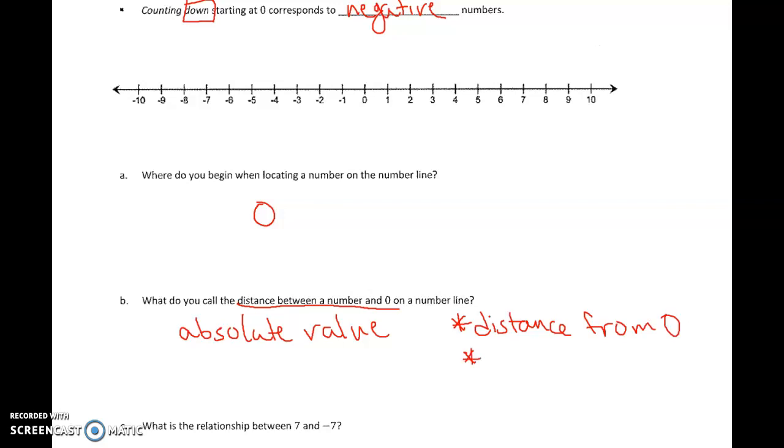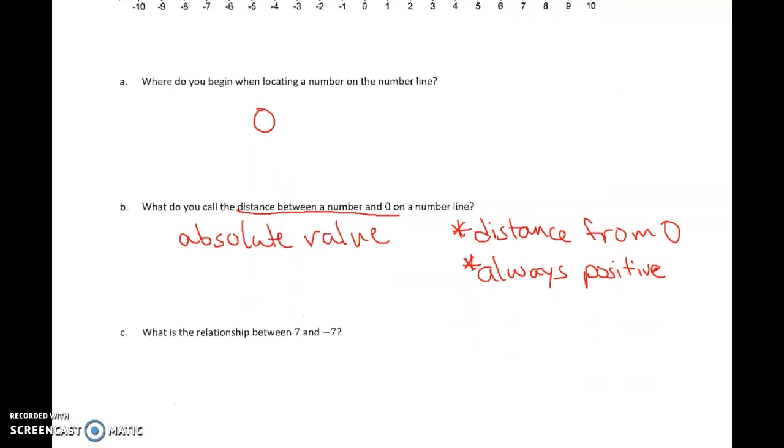And because we're not worried what direction it's going, we say it's always positive. You don't ever tell someone to go negative 2 miles. You might give them a direction with it, go 2 miles left or 2 miles east or west, whatever. But we don't ever say, hey, go negative 2 miles. Okay, so it's always positive.